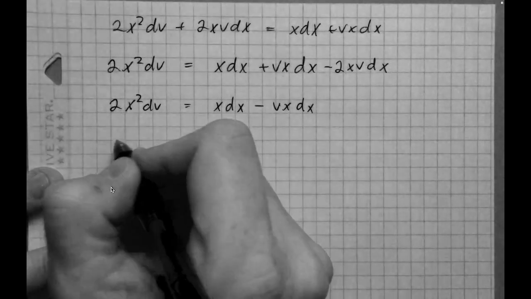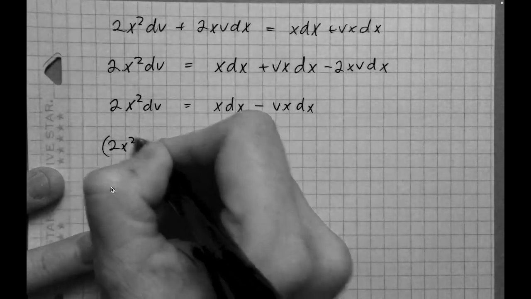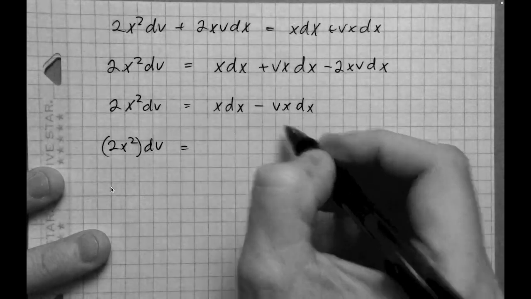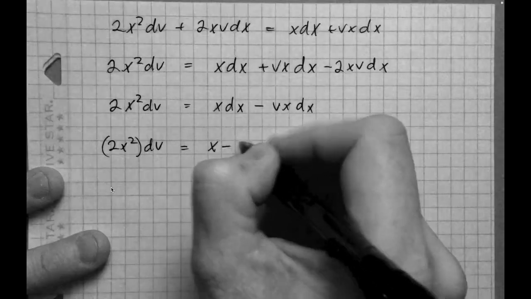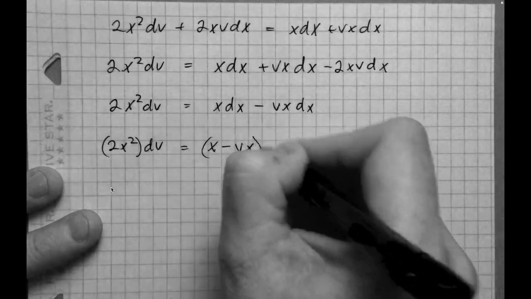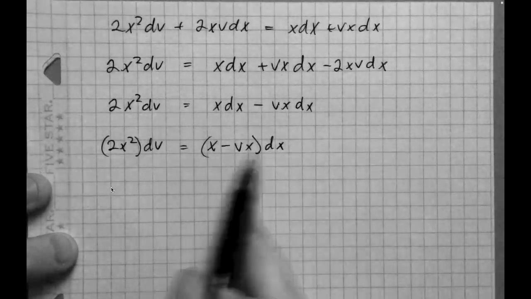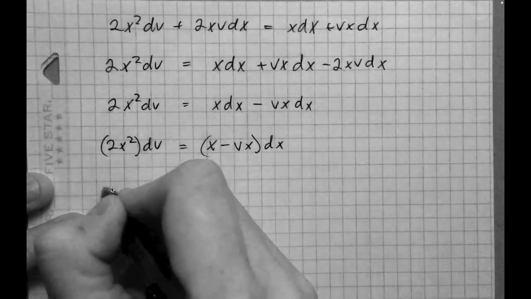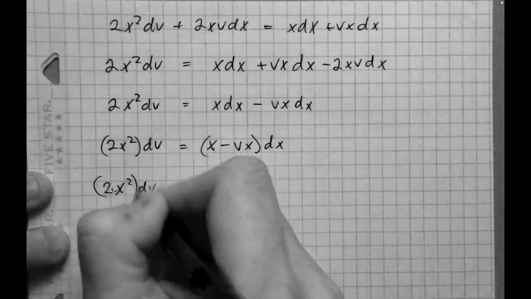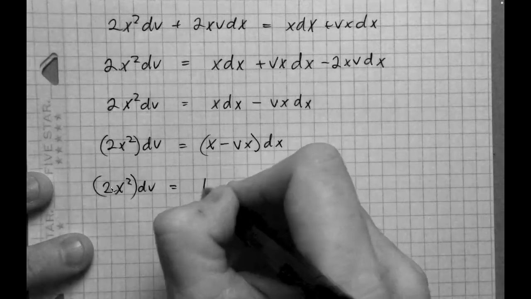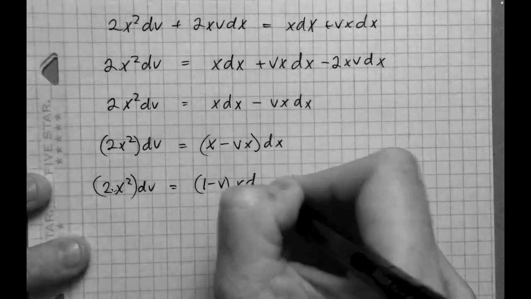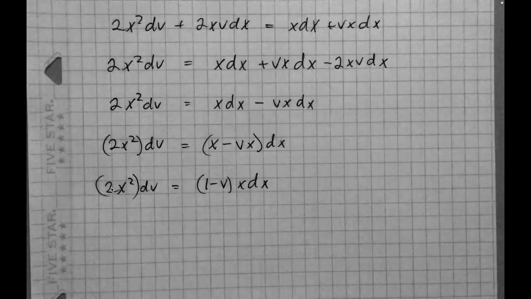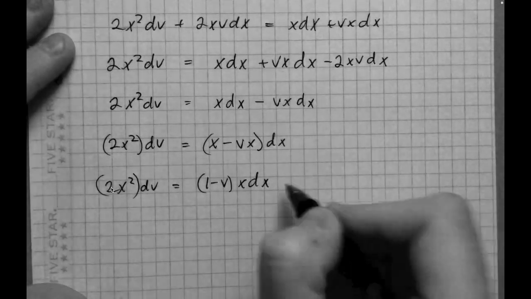Okay, and so just thinking about this part here, and over here, let's factor out the dx. I get (x minus vx) dx, and I can factor an x out of that. And so I have 2x squared dv over here, and then I have (1 minus v) times x dx over here. And so we can see what's going to happen.